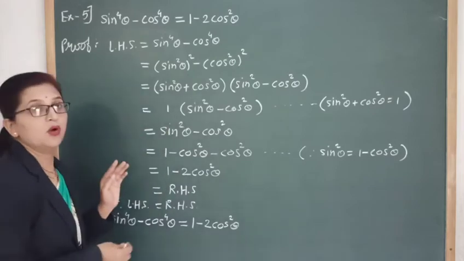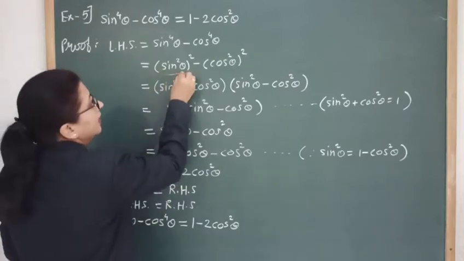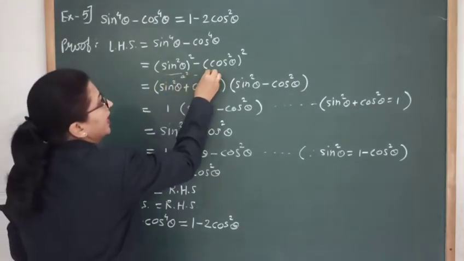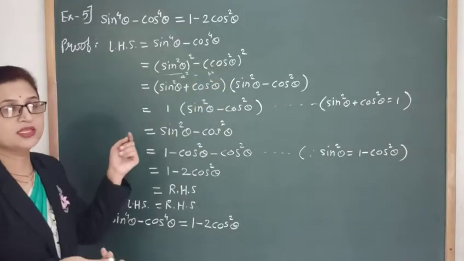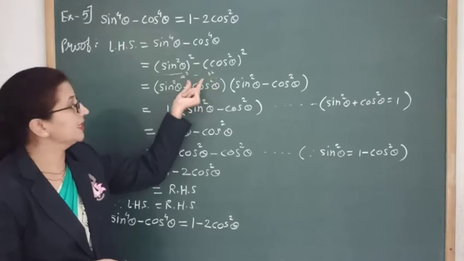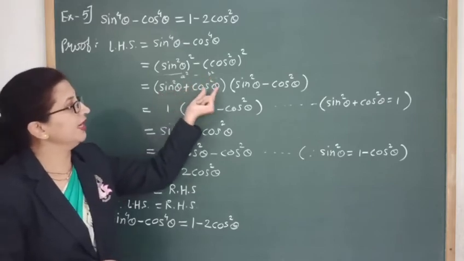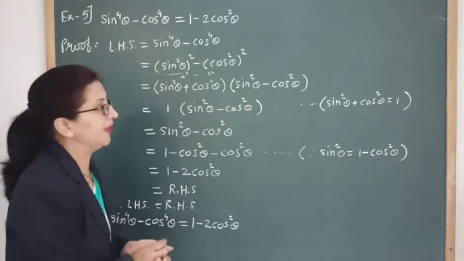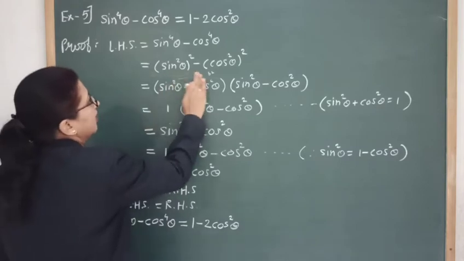Now here we got it like a square minus b square. So we are doing the expansion of a square minus b square, that is (a plus b) into (a minus b). So same thing I have written here.